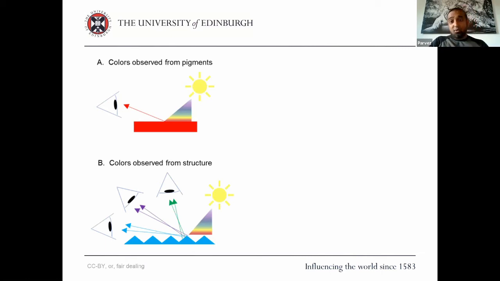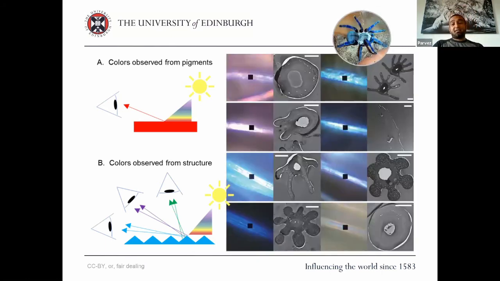And how does this affect things like the tarantula? Well, they can change the shapes of their hairs to also change, therefore, the colors that we see. So basically, if they have fairly non-flowery structures that just have refractive indices, they will appear one color.